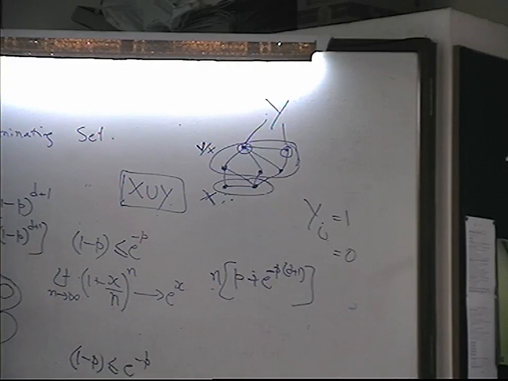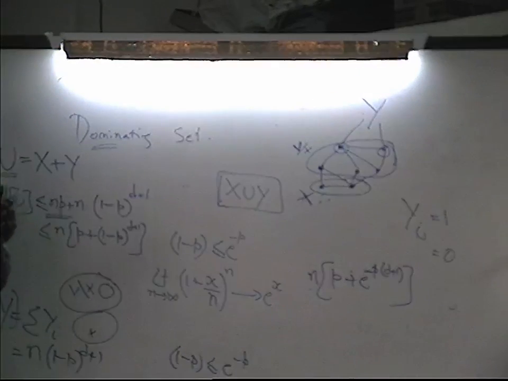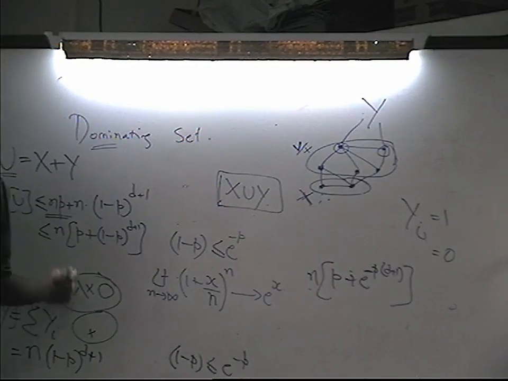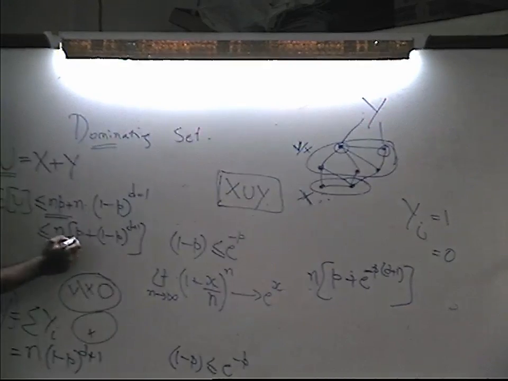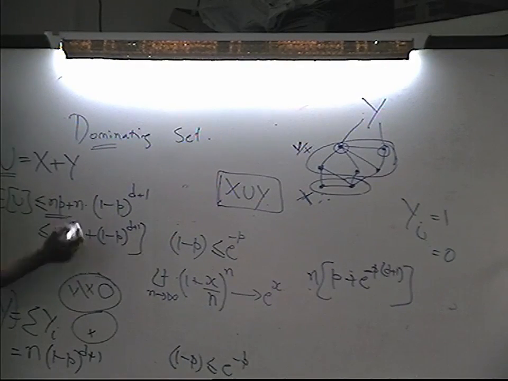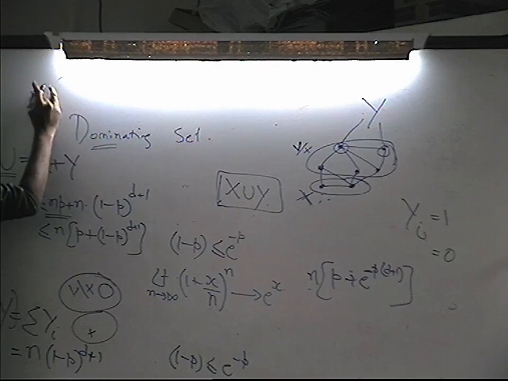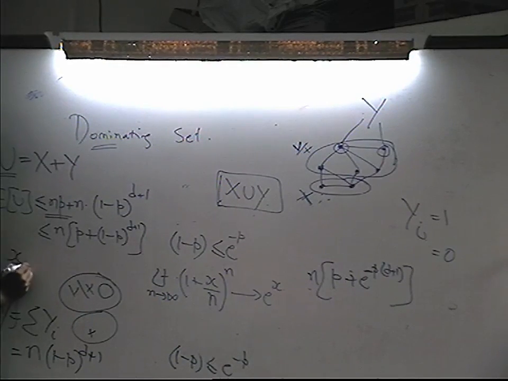So now note that we have not found p yet. p is just any real number between 0 and 1. So to find the minimum size of the dominating set, we need to minimize this expression such that our upper bound is as good as possible. If the value of p is minimum, then suppose we would have a value x. For any other value of p, we would have a value y.